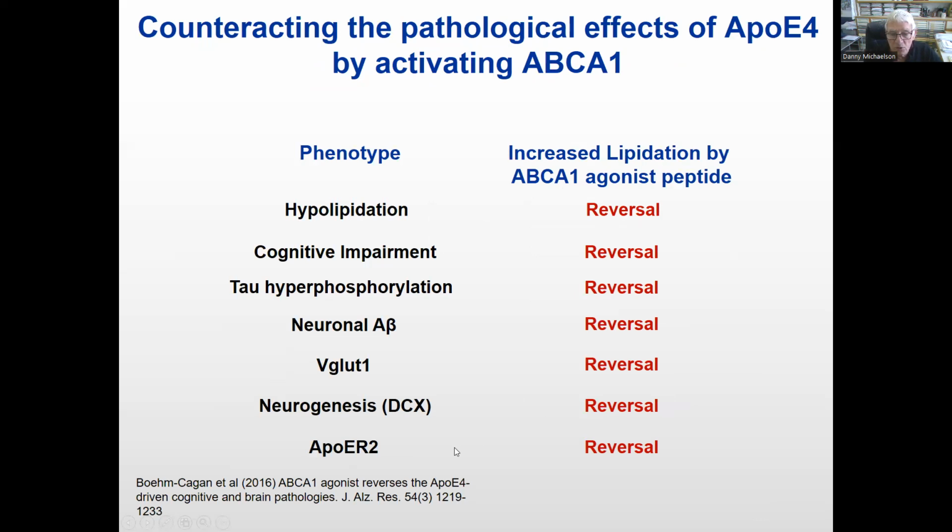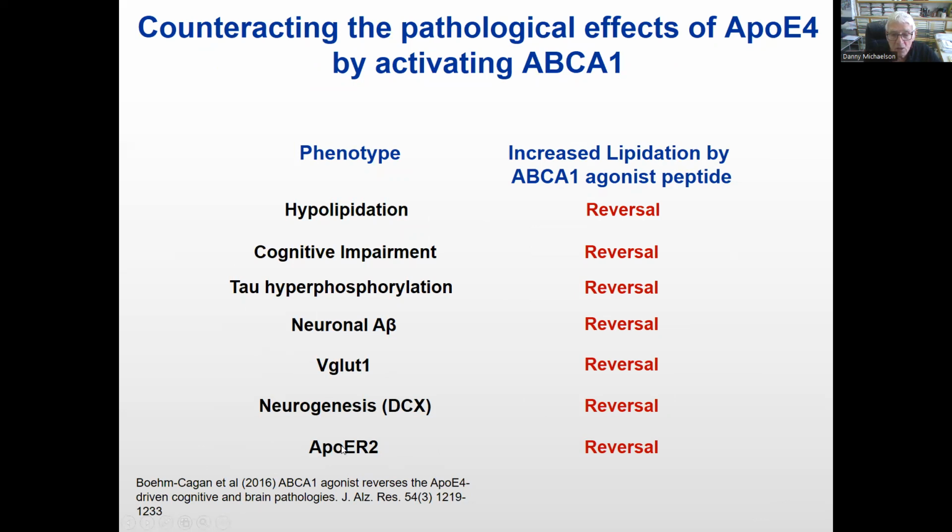And this type of experiment has been done on several parameters, and I'm just giving you the overall conclusion. And the overall conclusion is that the ABCA1 agonist reverses the hyperlipidation, corrects cognitive impairments, which I did not show, but it's published some time ago, reverses tau phosphorylation and A-beta deposition, which we've seen, and also neuronal parameters such as decrease in V-GLUT and neurogenesis and changes of an ApoE receptor.